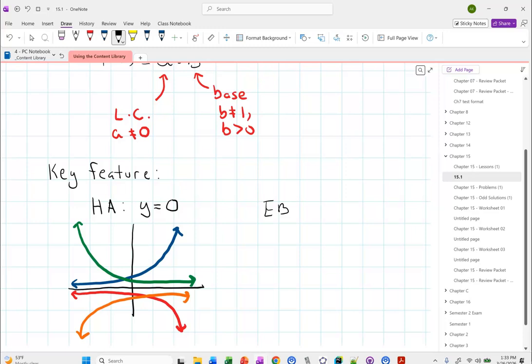So for the end behavior, I'm going to color code it based on the color of the graph that I drew here. So I'm going to draw four sets of end behaviors, one in blue, and in green, and in red, and in orange. Everybody's okay?